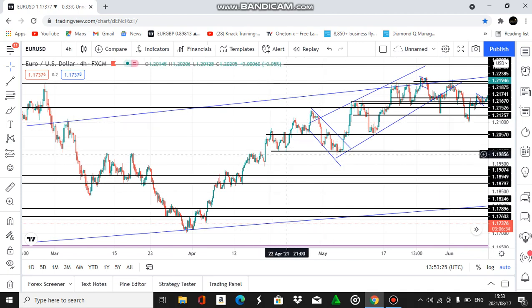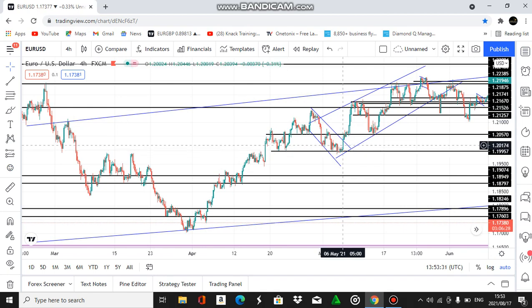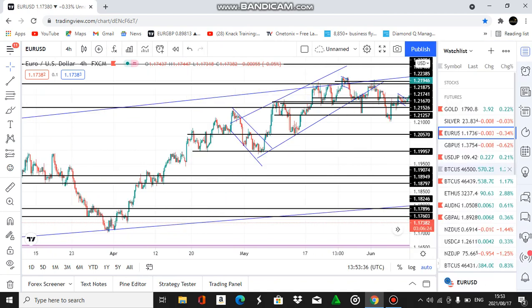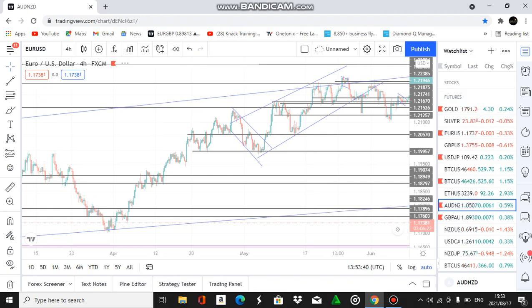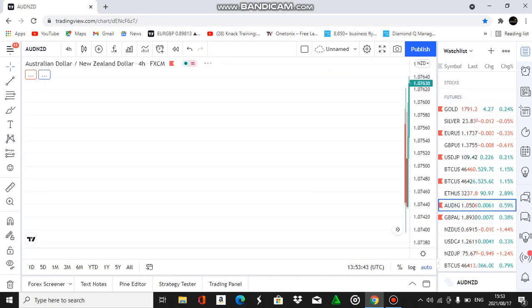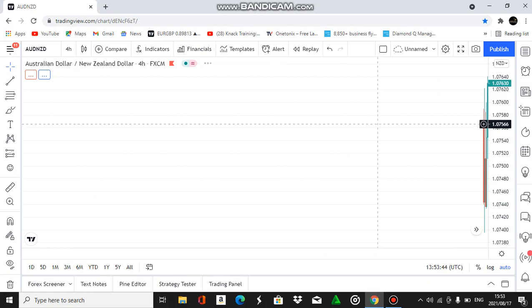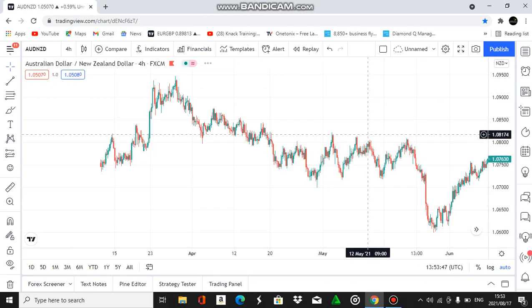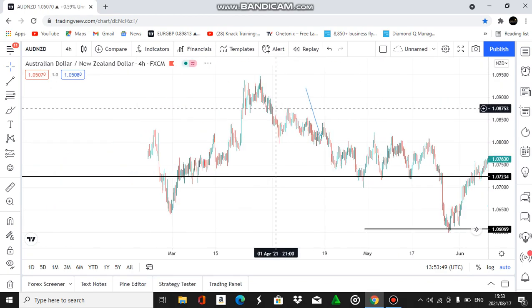You see, the market pushed to the upside and then retested, and then again went up. There's this pair that I love. It is AUD NZD. And I'll show you something in this pair.